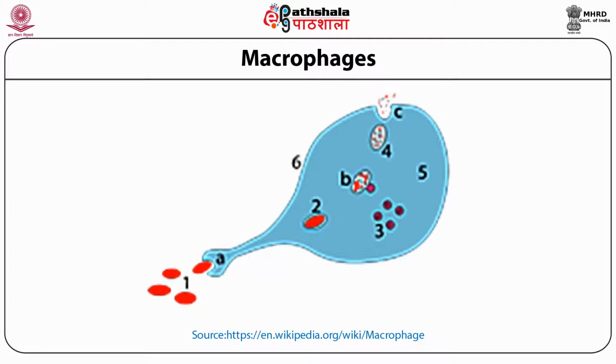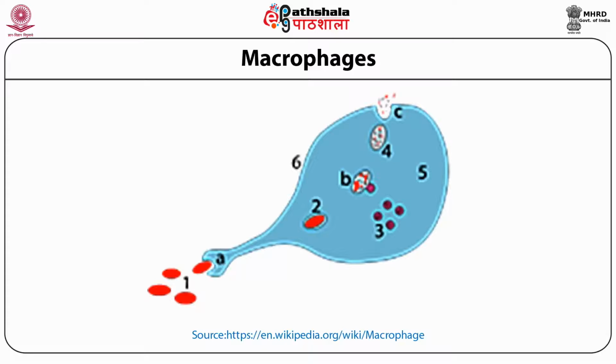This residual body contains the digested material, and this digested material is then secreted out by the process which is called exocytosis. At this stage the antigen gets associated with the MHC complex.